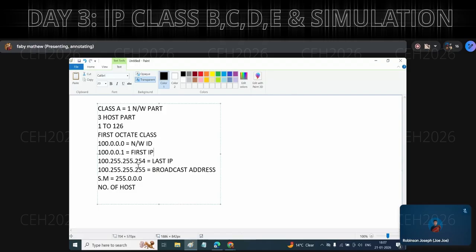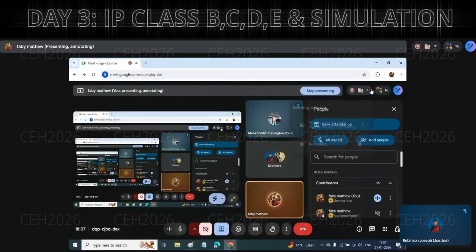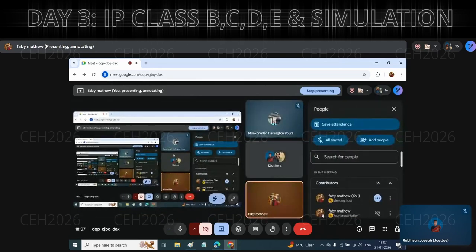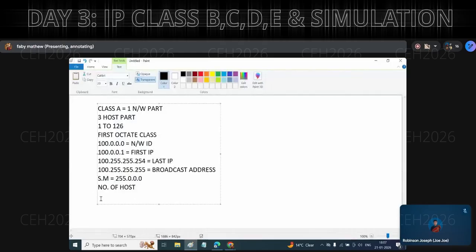In between all these IP addresses, how many IP addresses are there? That is my question. Any idea how we can calculate the number of IP addresses? So there is a formula: 2 to the power n minus 2. If I calculate this value, then I will get the result.